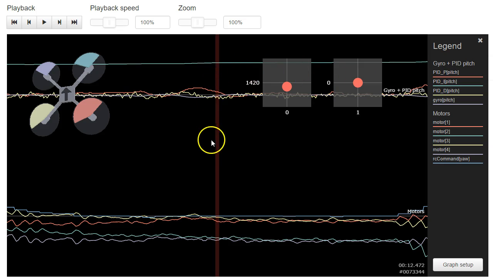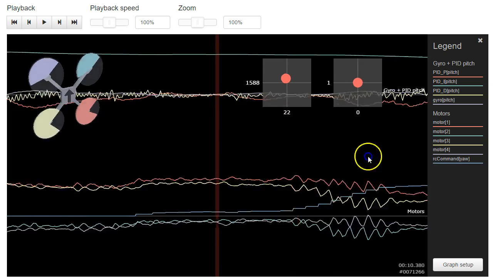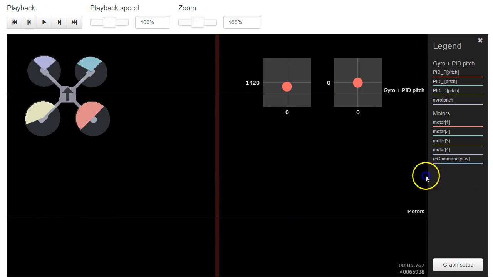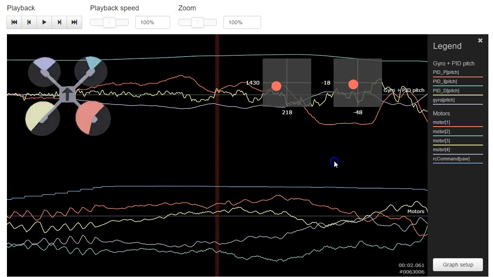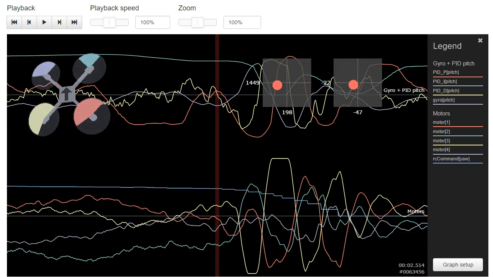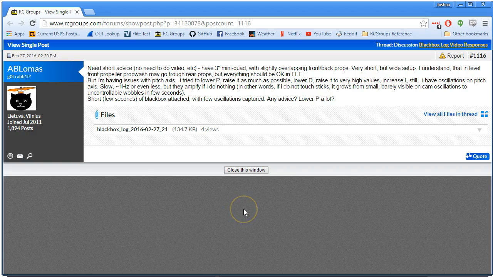So your I gain is not too high. Your P gain is definitely not too high. So my thinking is that whatever's causing this oscillation is something mechanical, something external that the PID controller is just having trouble compensating for. And, you know, you've got a 3-inch mini quad with overlapping props.